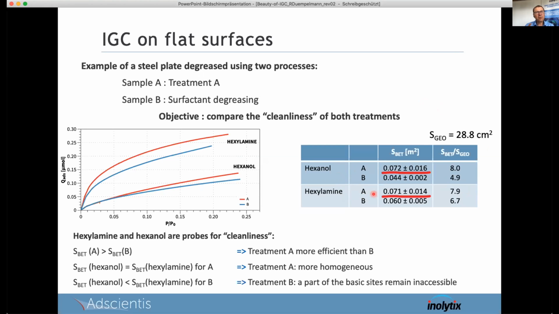You see that for treatment A, you regain a much higher specific surface area than with treatment B. So that's a very good indication that treatment A is better, and you can quantify this in a sense. Also, treatment A is more homogeneous in the sense that hexanol and hexylamine absorb with the same specific surface area.